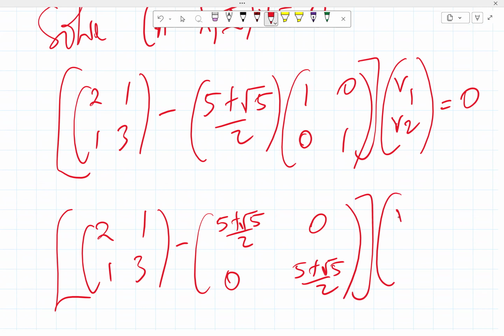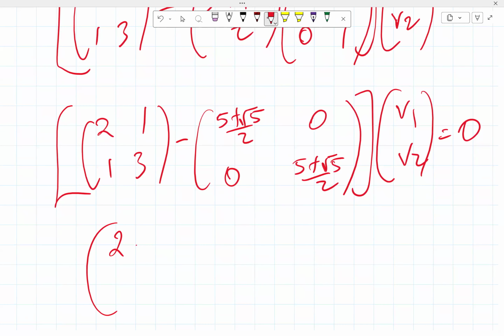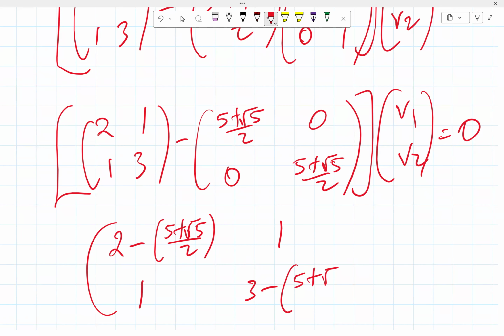If we take row 1, we can still tidy that up. That will be 2 minus 5 plus root 5 all over 2, then 1 minus 0, that's 1 there, then 1 minus 0, 1 again, then 3 minus 5 plus root 5 all over 2, then V1, V2 is equal to 0.